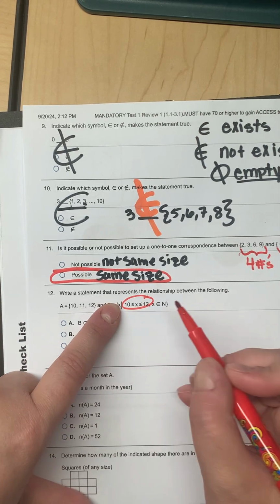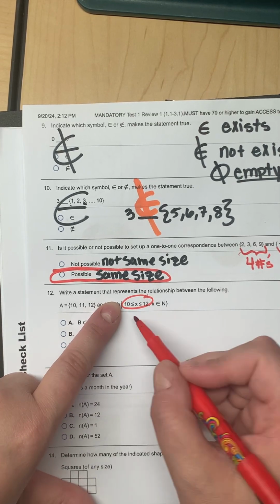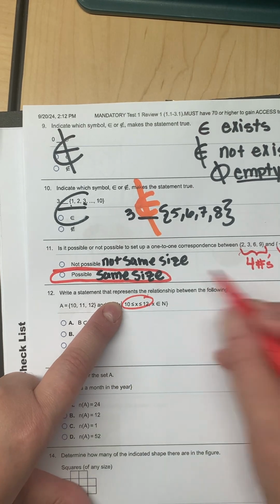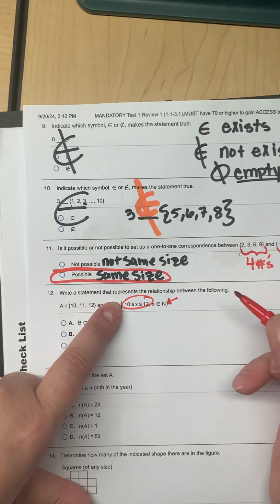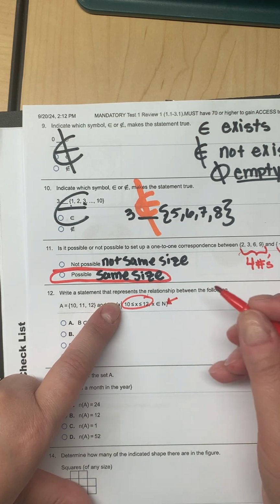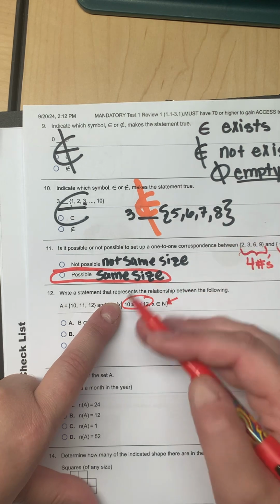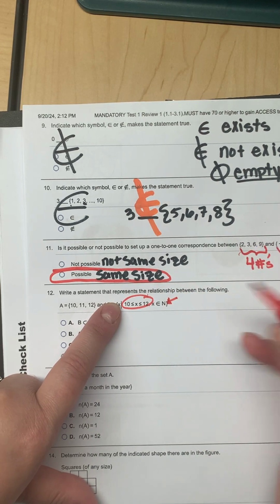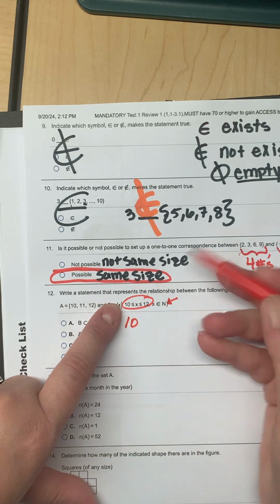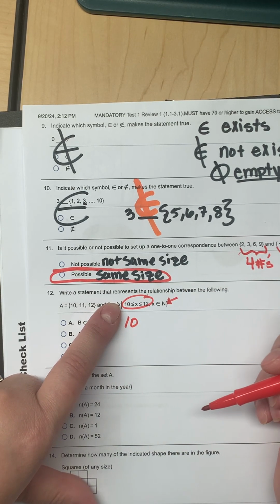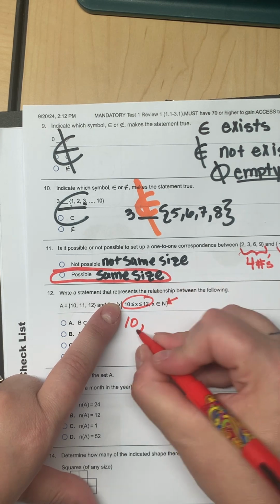This means that all the numbers that I can write down are from 10 to 12, and they're this capital N. That means like whole numbers. Numbers that you can count with or on your finger. So anyway, what are the numbers in between 10 and 12 that are whole? 10.5?